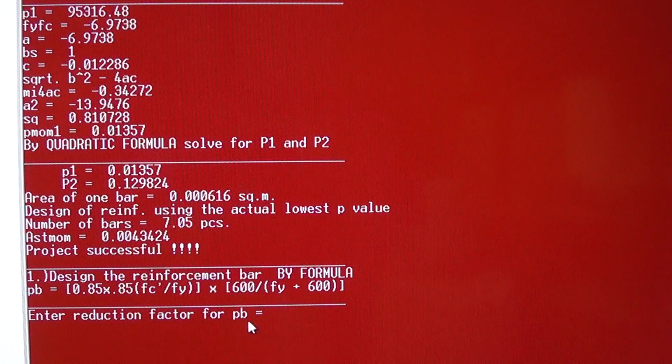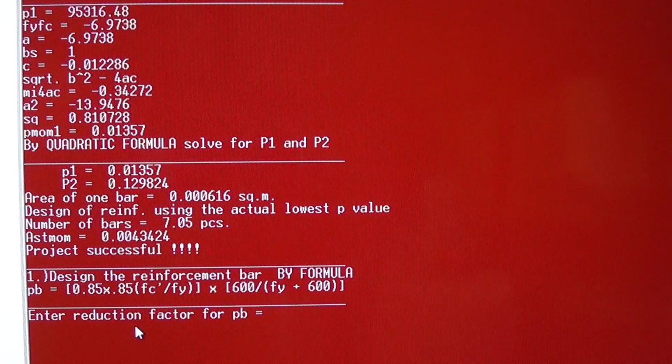The reduction factor right here could be 0.70, 0.75, 0.65, or 0.9, and usually for the column it is 0.70. So for the beam with the concrete strength of more than 25 MPa, use 0.85 as a reduction factor. So we're going to enter that here in the formula.